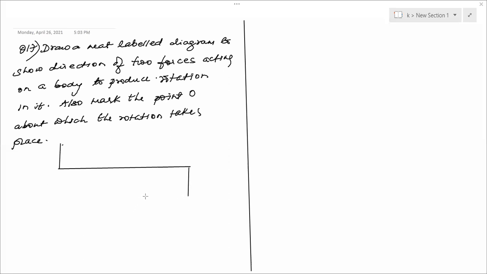Got it? So when I show you the forces here, you can see this force is acting in this direction and this force is acting in this direction.